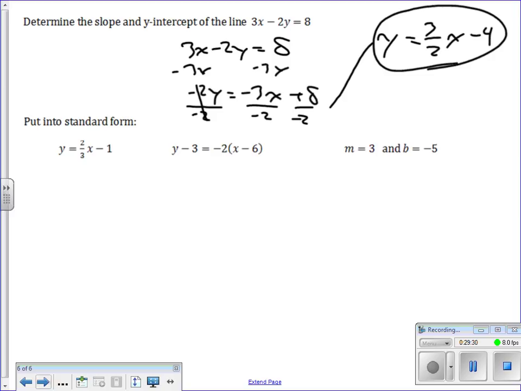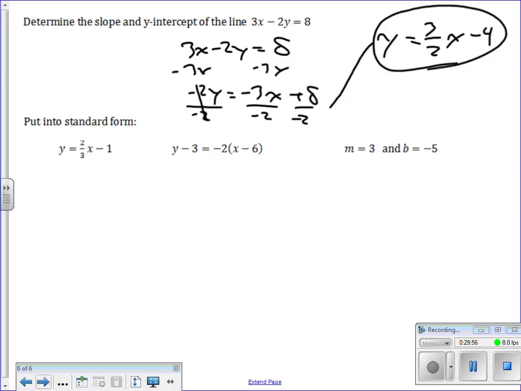Okay, so the last three problems, write them in standard form, rearrange them, x's, y's equals numbers. First one, y equals 2/3 x minus 1. My first step, get rid of the fraction. To get rid of the fraction, it's easy. Multiply by the denominator. What's the denominator of my fraction? 3.